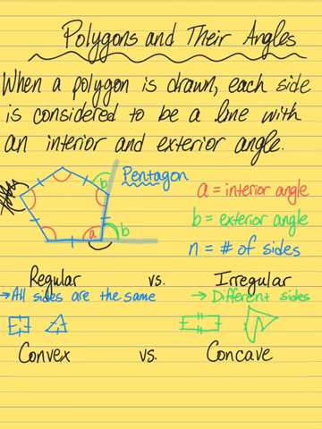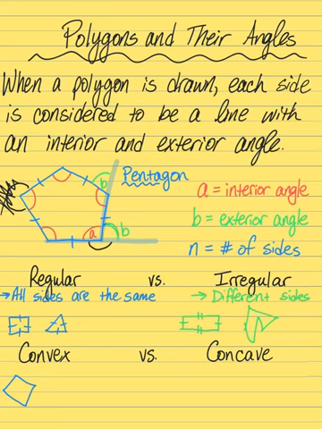The next category is convex versus concave. Convex means that something is bulging out. Concave means something is caving in. So when you're looking at a convex polygon, you are seeing that all sides are pointing out.